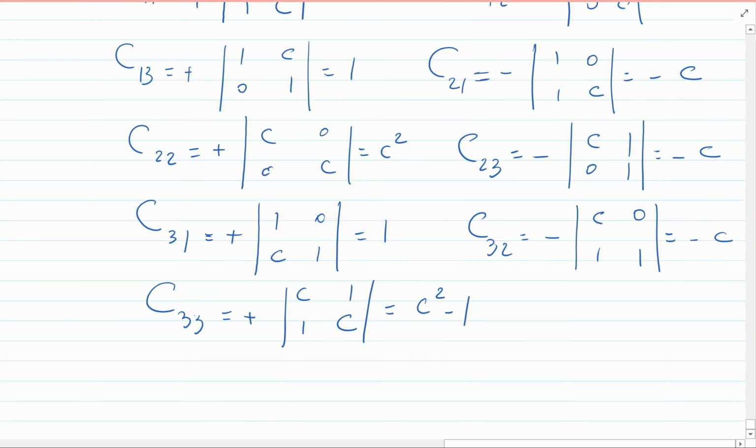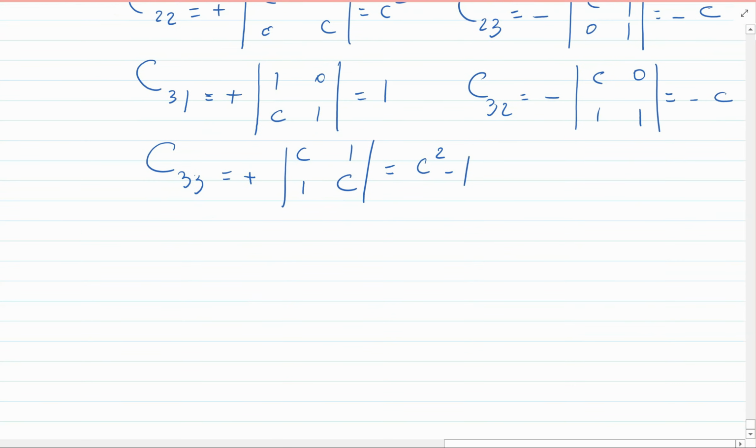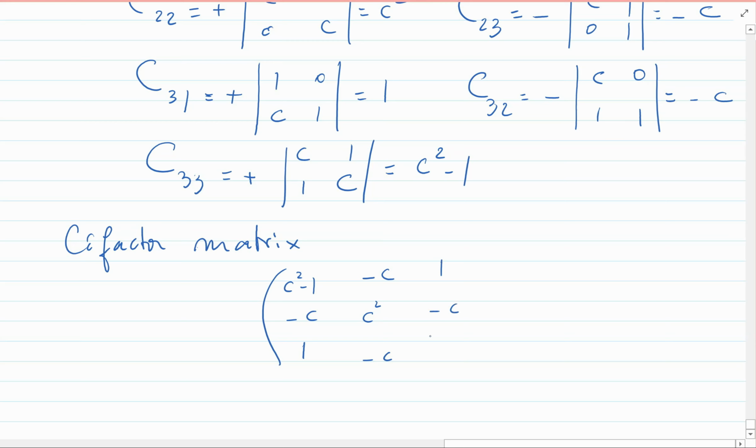So what is now the cofactor matrix? The cofactor matrix is going to be: (C squared minus 1, minus C, 1), (minus C, C squared, minus C), (1, minus C, C squared minus 1).